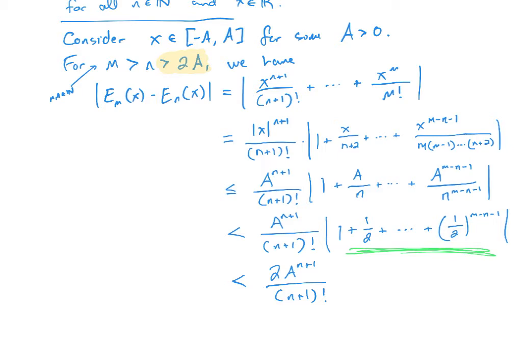It's less than 2 times a to the n plus 1 over n plus 1 factorial. Okay. a is some fixed positive real number. So this goes to 0 as n goes to infinity.